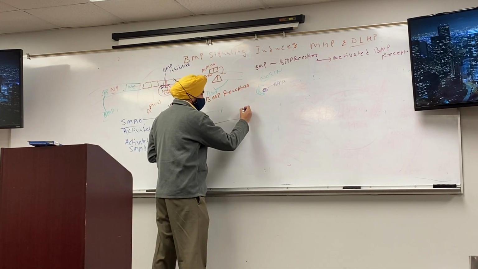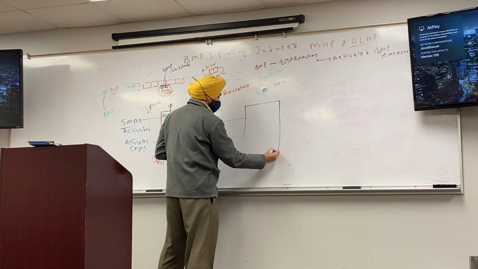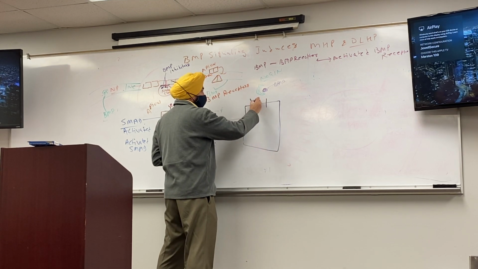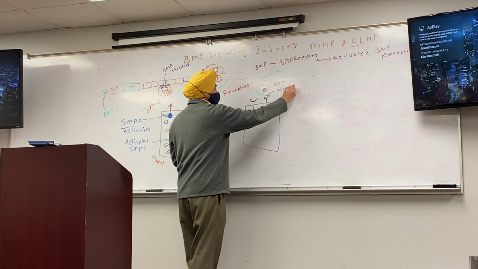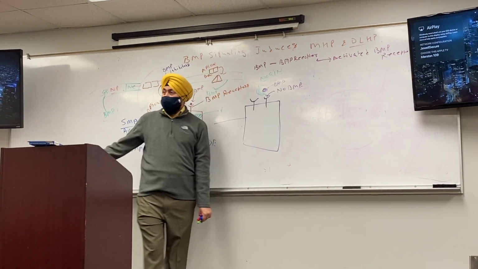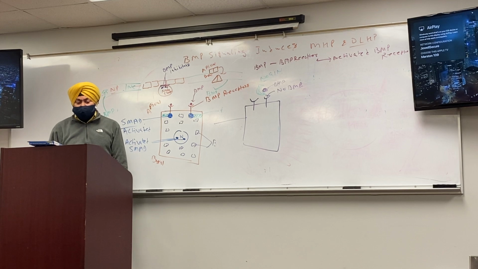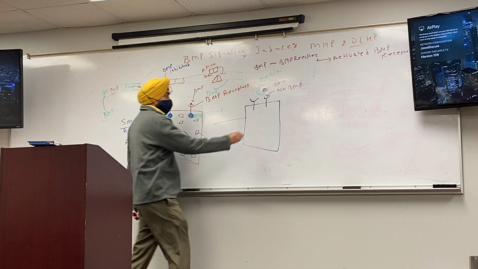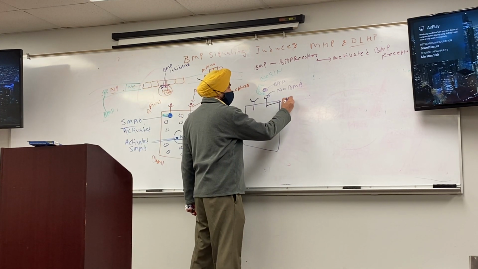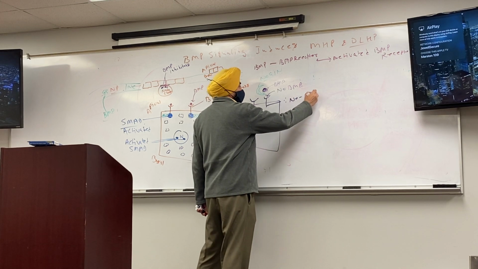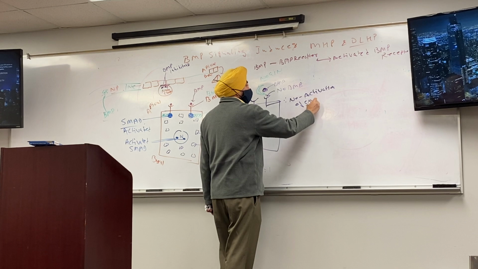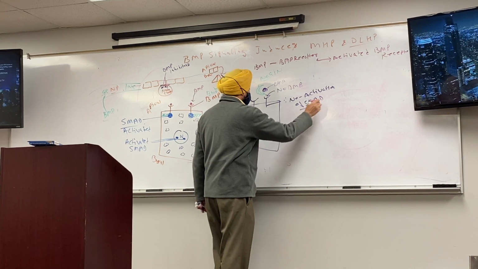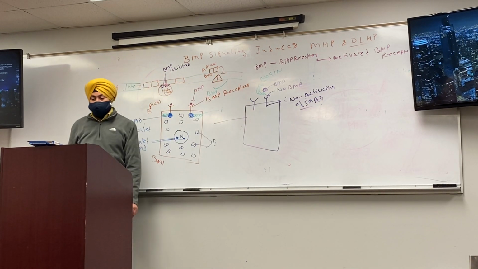So for example, this is the receptor right here. Here, no BMP. If there is no BMP, that means therefore no activation of SMAD. So there is no SMAD here.